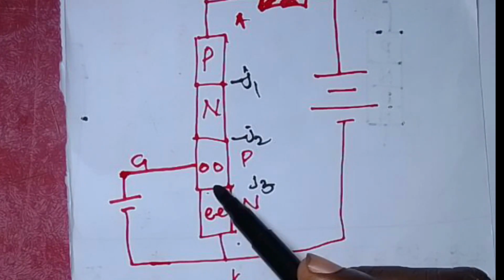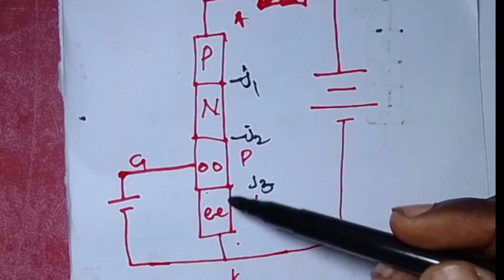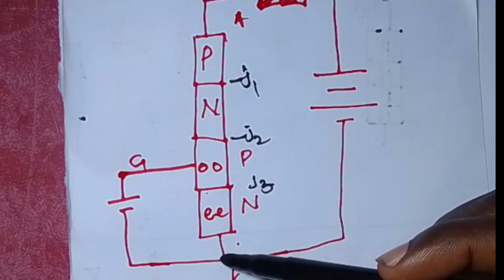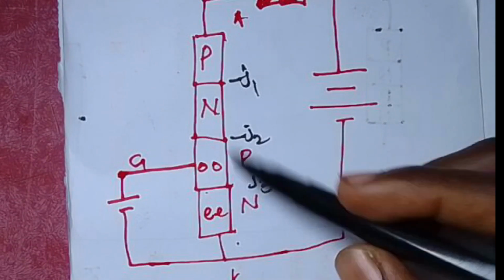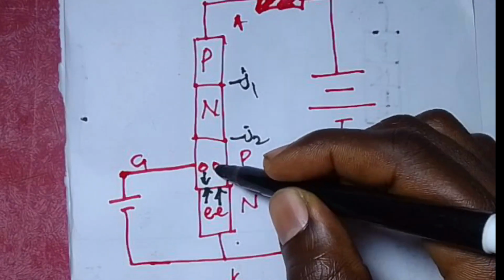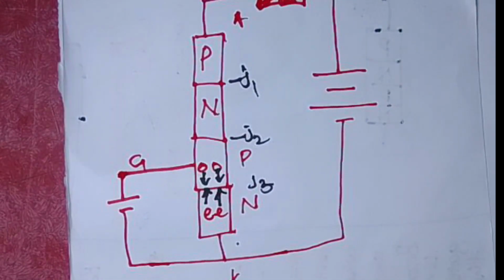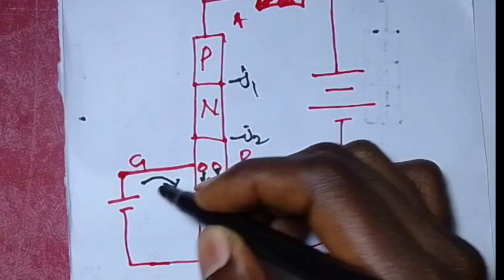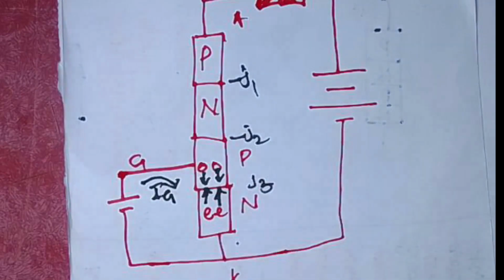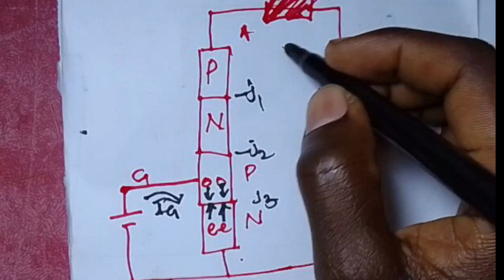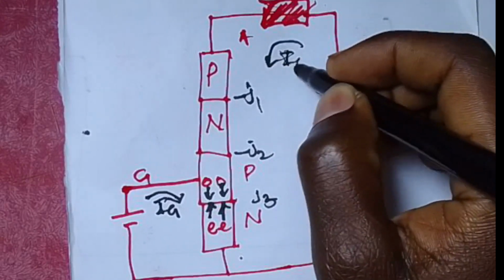So you mention that when the gate is made positive with respect to the cathode, electrons will cross over junction J3 to fill the leftover holes in the p-type material. The movement of electrons will cause a certain gate current Ig to flow. When the gate current starts to flow, immediately the collector current Ia also starts to flow.